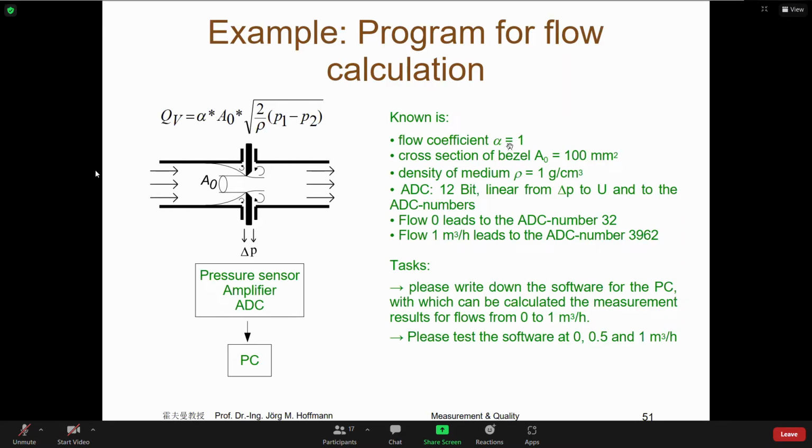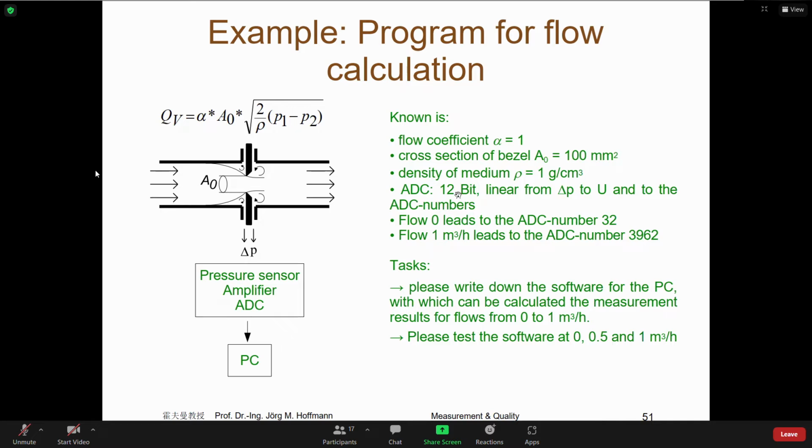Here you have all the parameters which you need, and you see here the flow 0 leads to the ADC number 32, and the flow of 1 cubic meter leads to the ADC number, this one. You see that is a little bit below 4096. That means it is a 12-bit ADC.